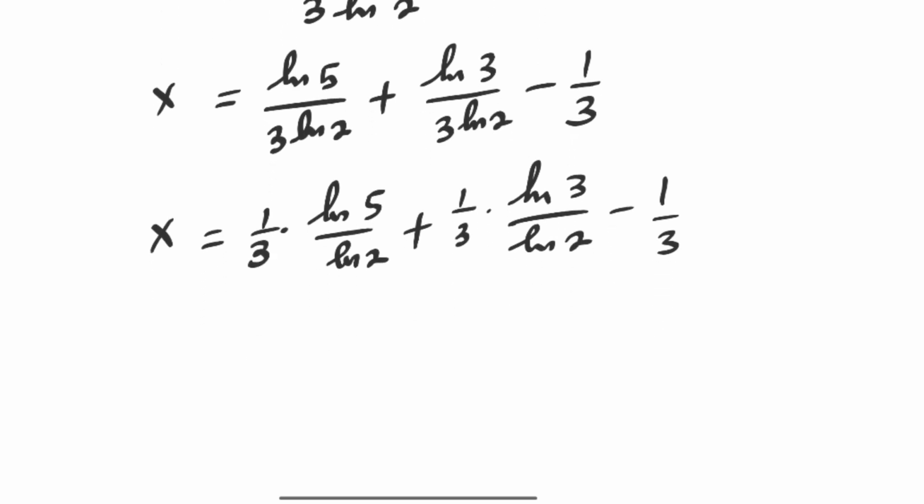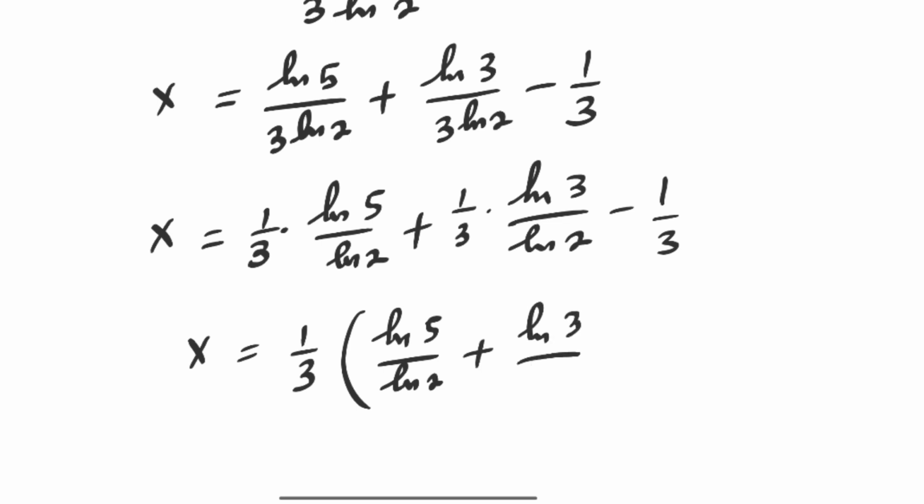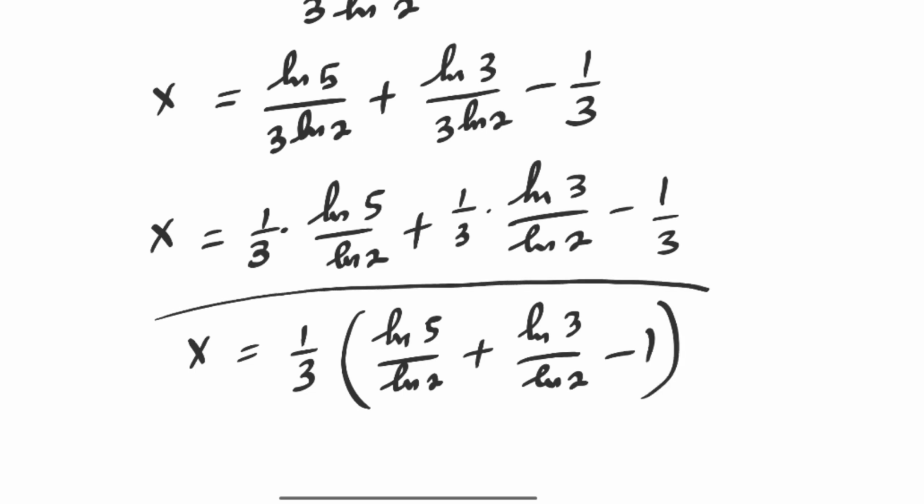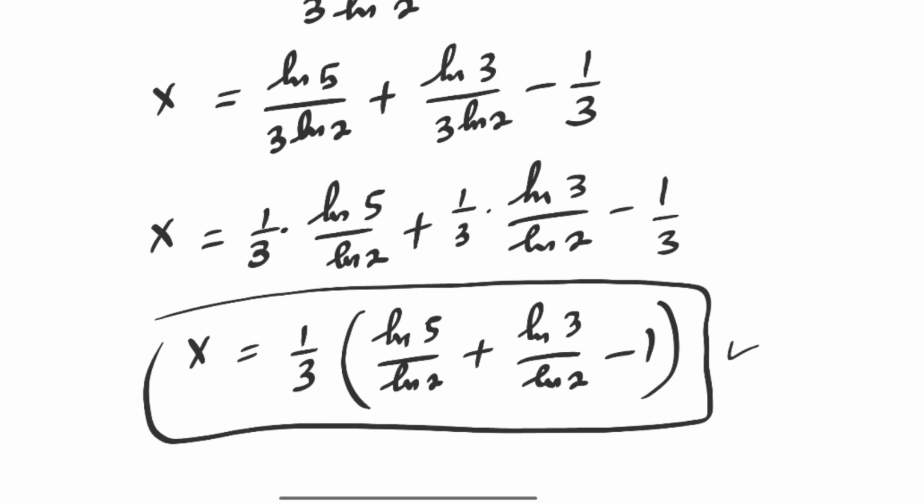So the whole of this can be written as s is equal to 1 over 3 common, bracket, we have ln of 5 over ln of 2 plus ln of 3 over ln of 2 minus 1. Then this is the final answer in terms of natural logarithm form.